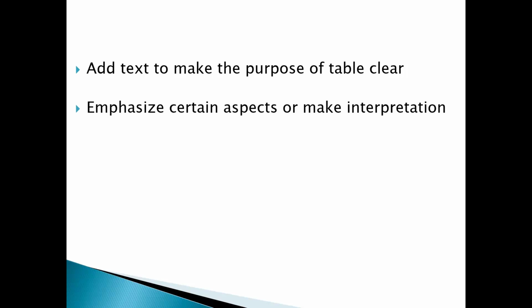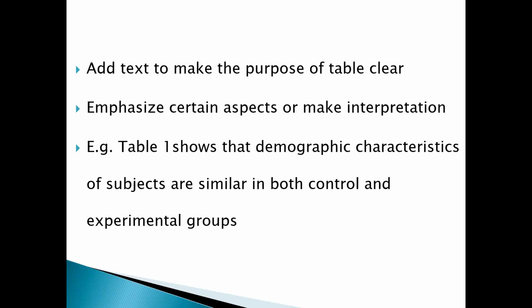For that reason, you can add a text before the table to say what the following table is going to show. For example, you can emphasize certain aspects or make an interpretation. You can say, Table 1 shows that demographic characteristics of the study subjects are similar in both groups.